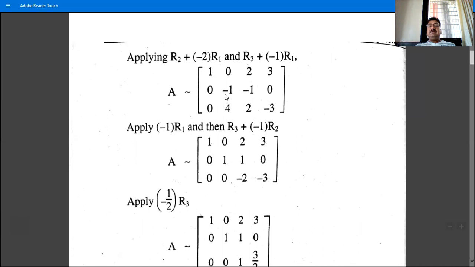So we have the matrix 1 0 2 3, 0 1 1 0, 0 4 2 3. Write that matrix after applying minus 1 into R1. Then we have to reduce this 4 to 0, so the operation is R3 minus 4 R2, because this becomes plus here, 4 minus 4 R2.